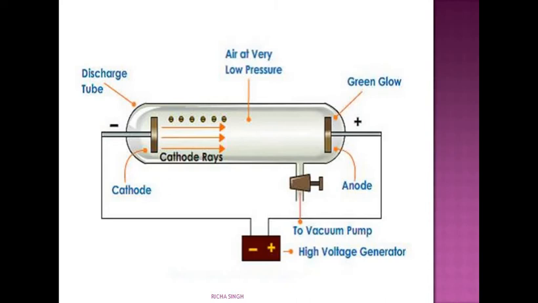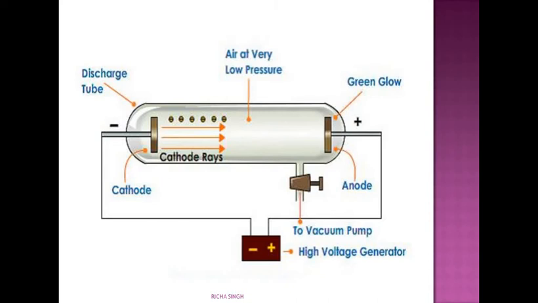When the pressure was reduced more, the glow between the electrodes disappeared, but the current continued to flow. Moreover, if we took a perforated anode, meaning it had holes in it, the glass tube at the anode end began to glow with a faint greenish light.